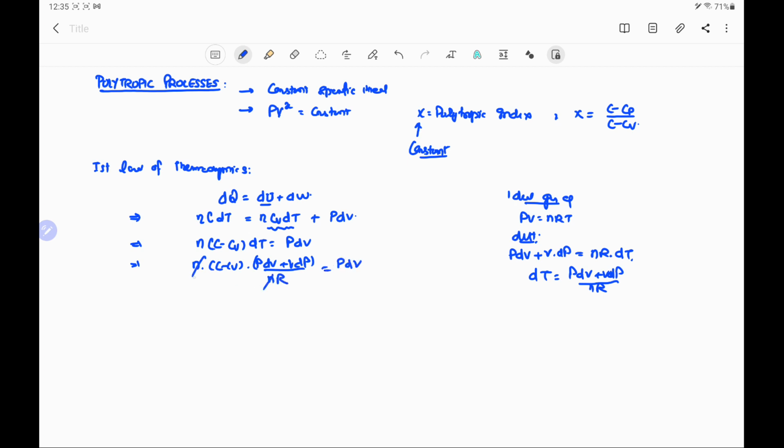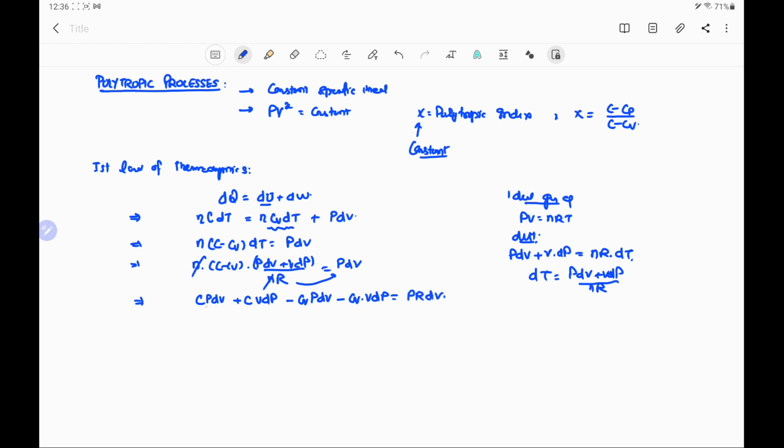Here n gets cancelled, and taking R to the right-hand side and simplifying, we have (C - Cv)(PdV + VdP) = R PdV. Multiplying it out, we get C PdV + C VdP - Cv PdV - Cv VdP = R PdV.